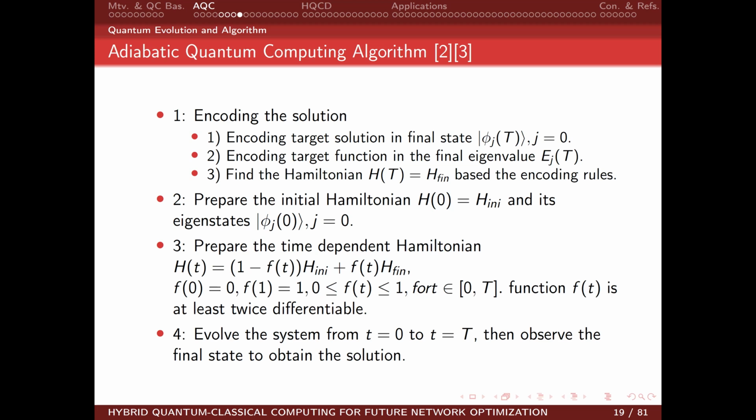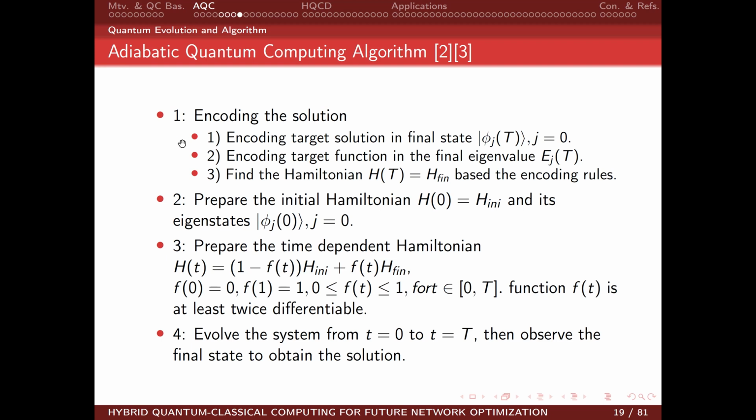Then after we simulate this, we can observe the final state to obtain the solution. So it's a kind of measurement. We measure the final state of the quantum system, and then we obtain the solution.